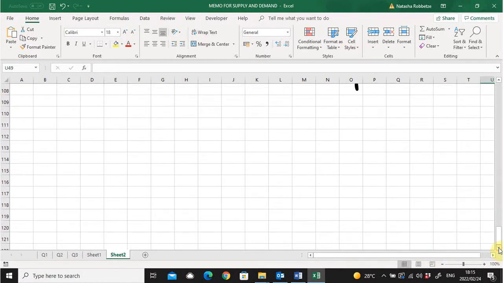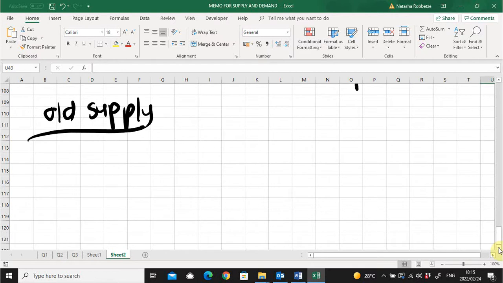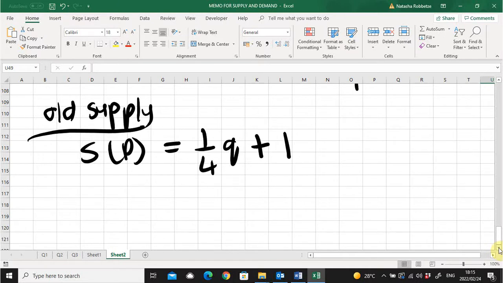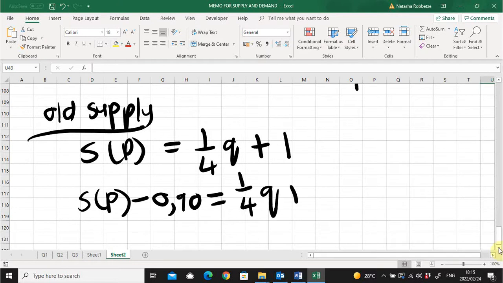So if I look at my old supply, quote unquote old supply, they say that the price of the supply was 1 over 4Q plus 1. So if the tax is 90 cents, I need to deduct it from the price. So I'm going to say the supply price minus 90 cents equals 1 over 4Q plus 1.